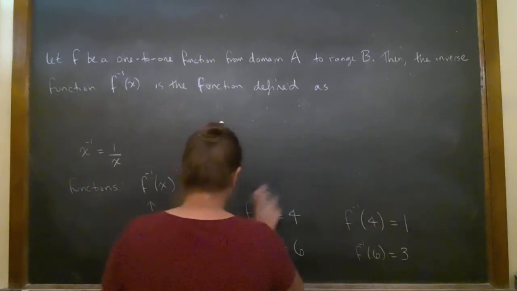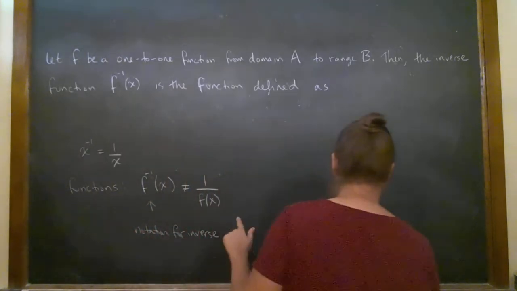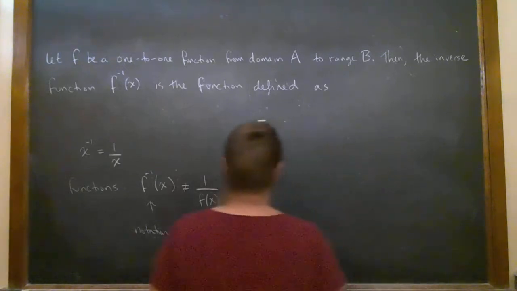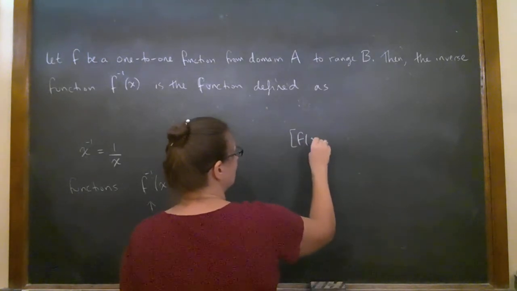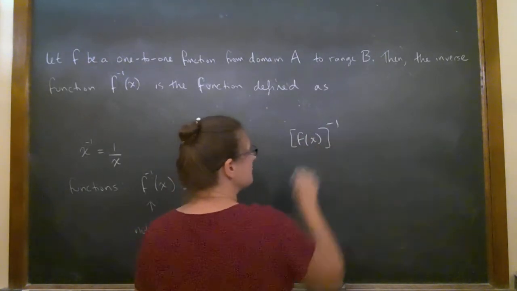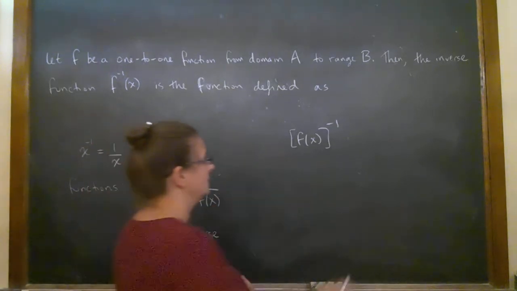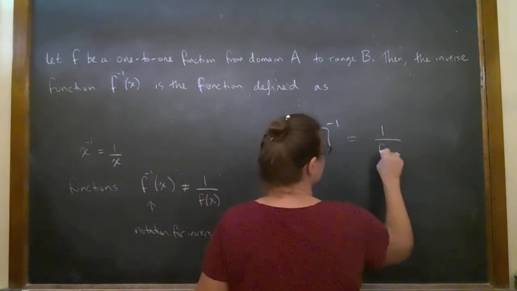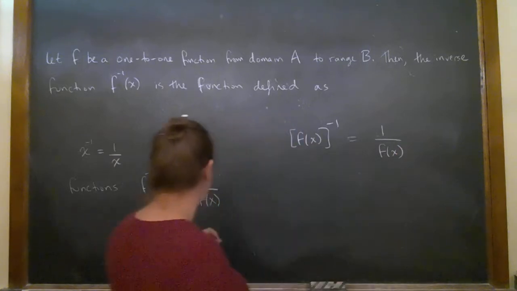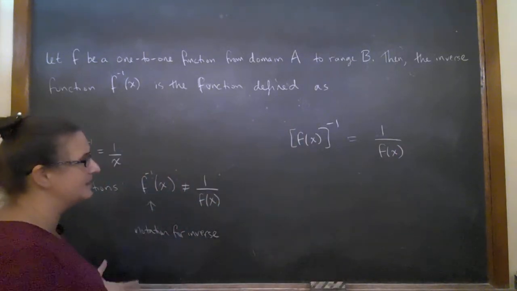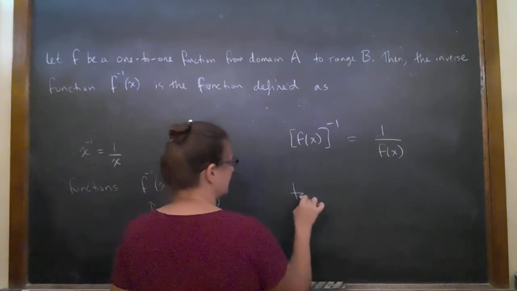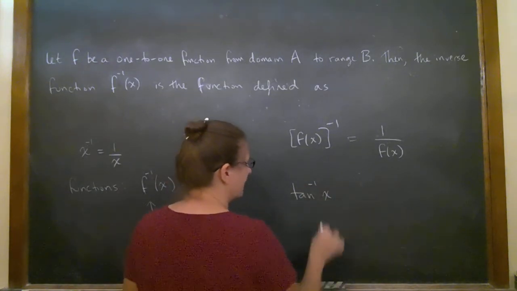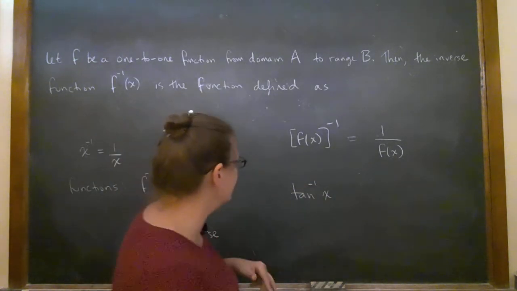If I do want to write 1 over f of x and I want to use a negative exponent, I would write it like this. This is what I would write if I wanted this. Most times I see this mistake made is with something like inverse tan, and we'll talk about this in another video.